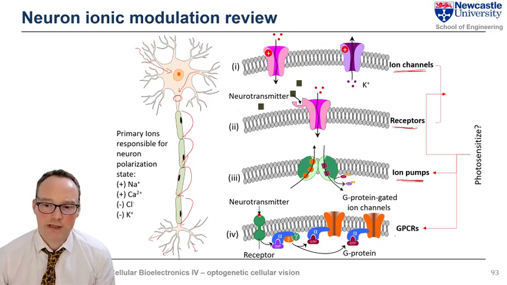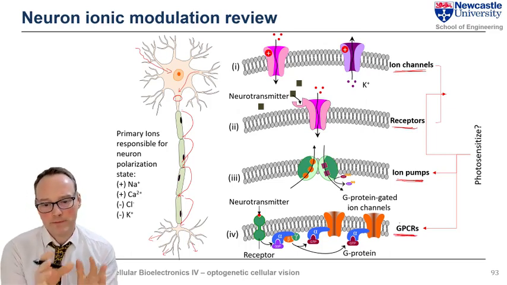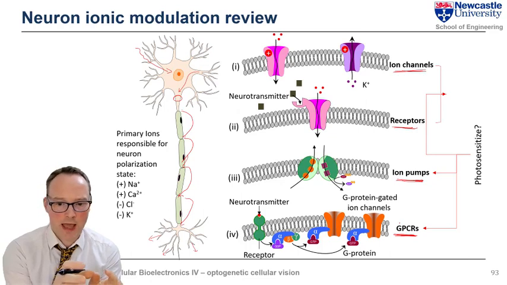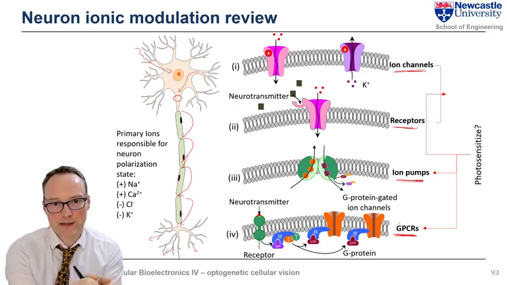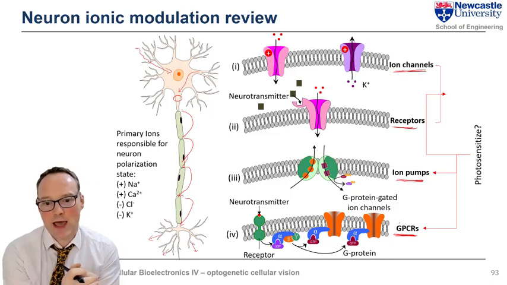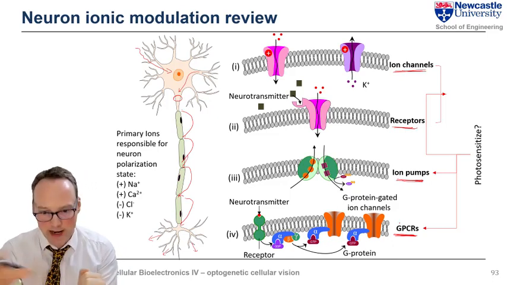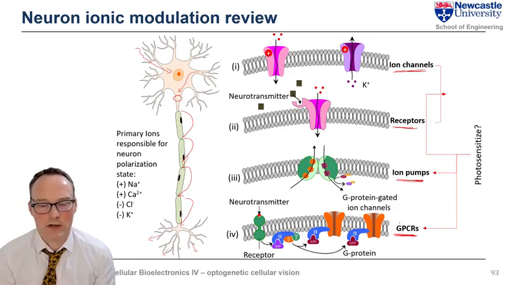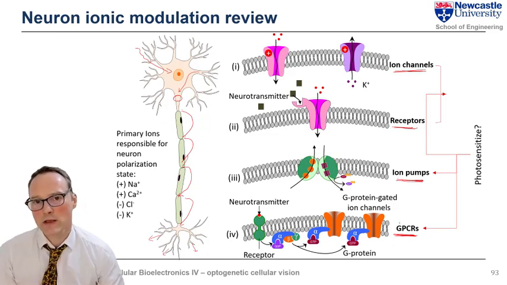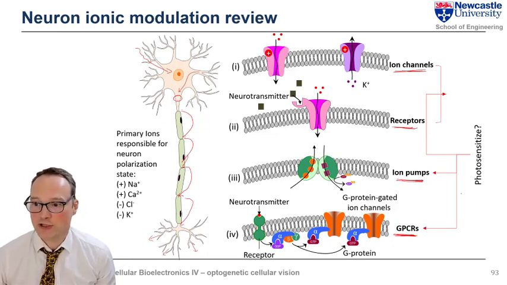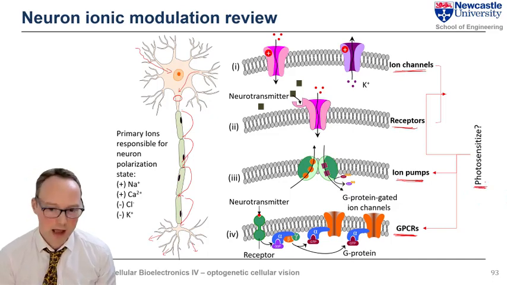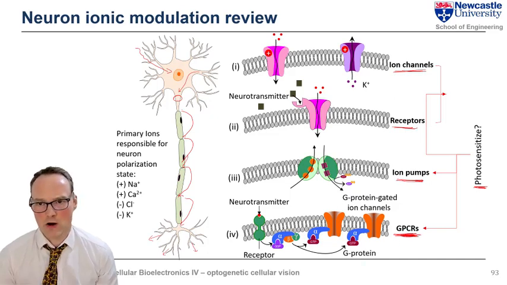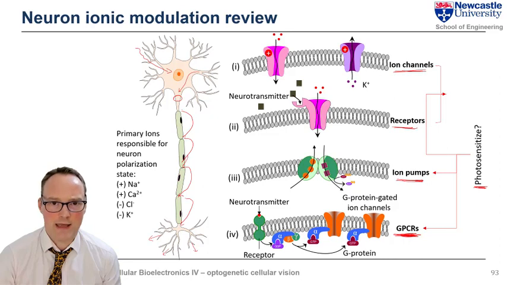And then we've mentioned these metabotropic type receptors, or GPCRs, which are particular molecular proteins on the surface of the cell which accept a chemical, which then in turn activates a G protein cascade, which then either activates or deactivates multiple ion channels. So these are the possibilities we have to potentially photosensitize our cells. And naturally, I mentioned before that GPCRs are the basis of vision in animals.